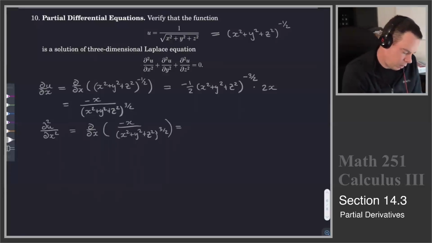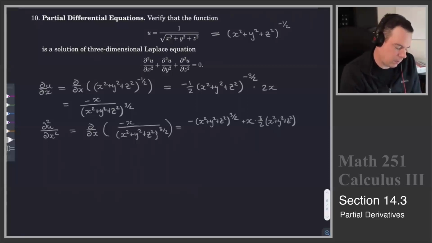And so for this, we're going to use the quotient rule. So it's the derivative of the top, which is -1 times the bottom, which is x squared plus y squared plus z squared to the 3/2. And then it'll be minus the top, so that's plus x, times the derivative of the bottom, so that's 3/2 times x squared plus y squared plus z squared to the 3/2 minus a half.